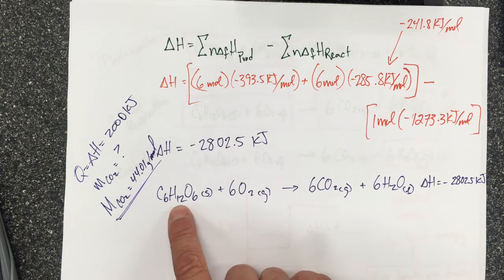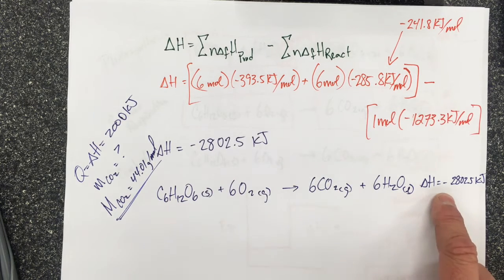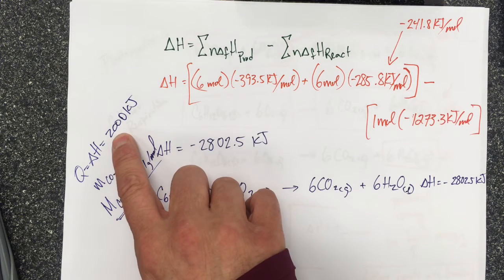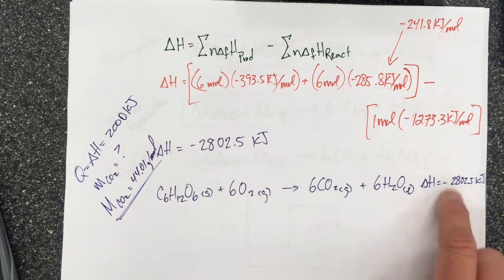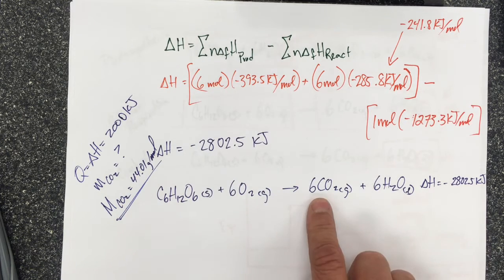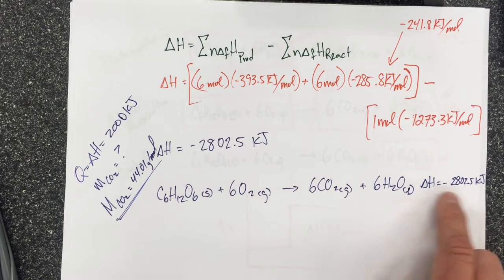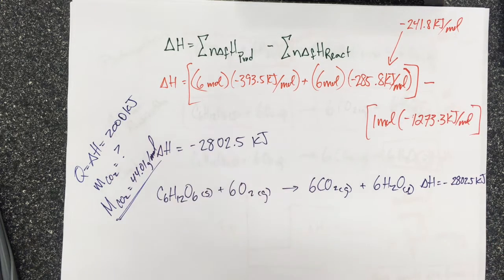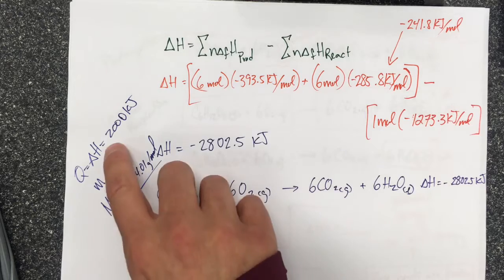So the enthalpy of this reaction is negative 2,802.5 kilojoules. Already, if 2,000 kilojoules are going to be given off, then it's got to be less than 6 mole of carbon dioxide, right? We can see it takes 2,800, this is 2,000.